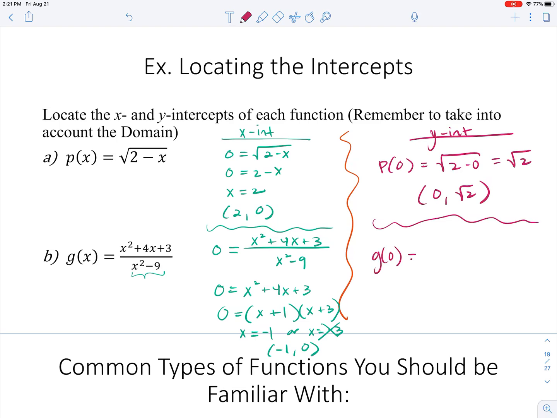And then g of 0 ends up simplifying to be negative 1/3. So 0 comma negative 1/3 would be our y-intercept for the function g.